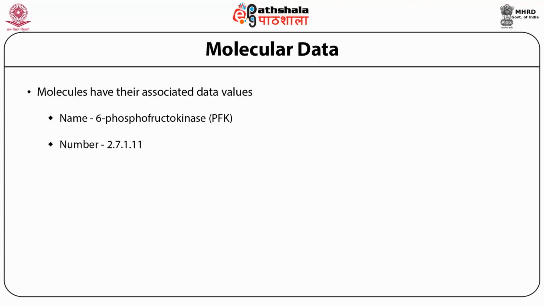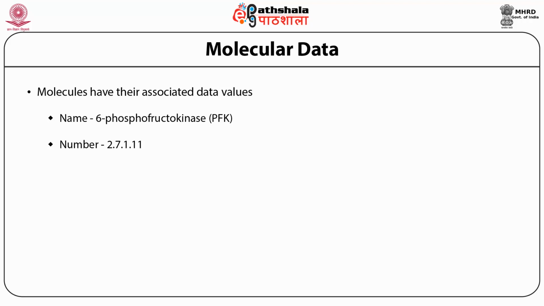The number may be like 2.7.1.11. This number is assigned by Enzyme Commission, and this is the standard recognized by International Union of Biochemists and Molecular Biologists, and therefore is used for storing data values regarding enzymes.